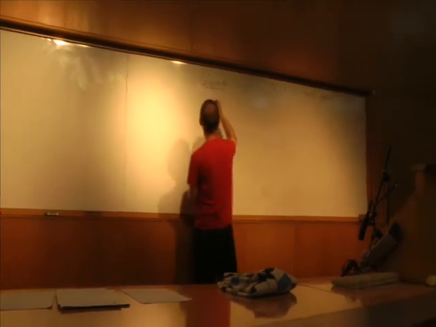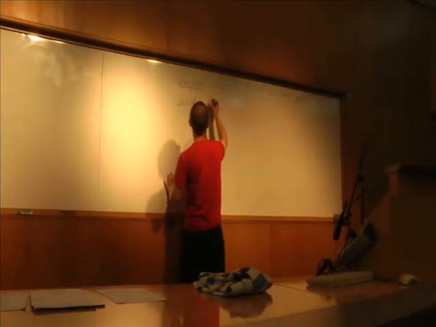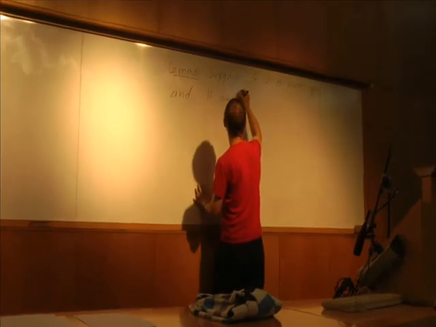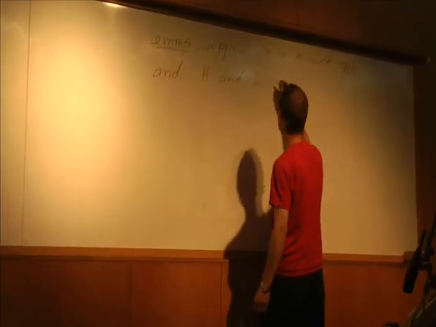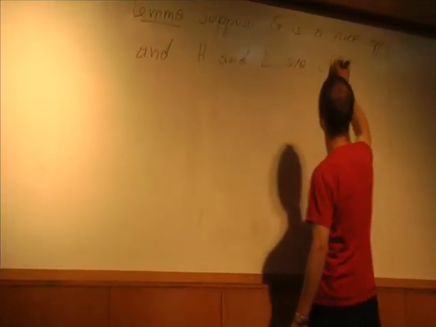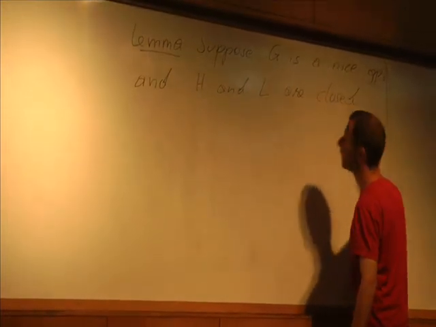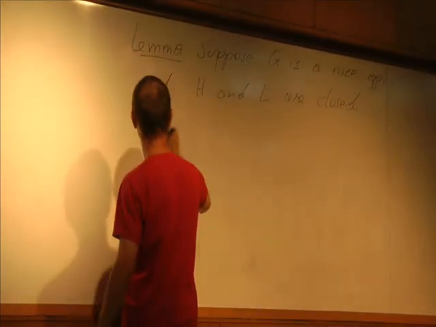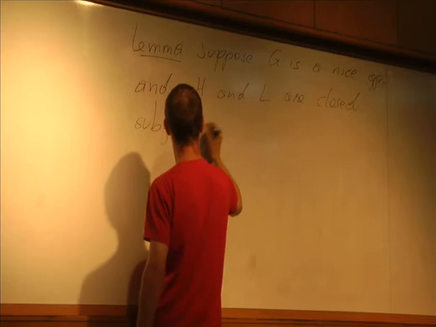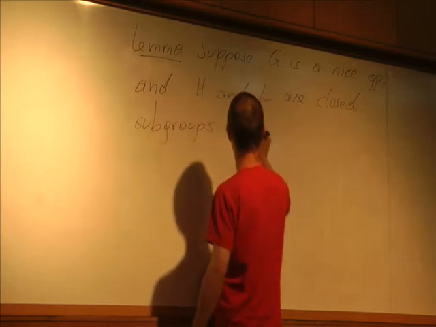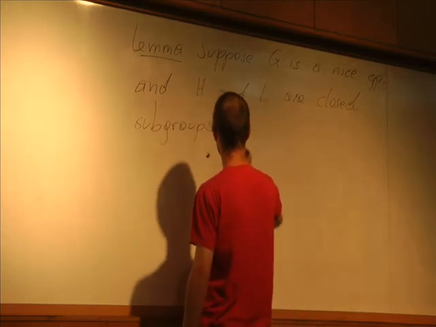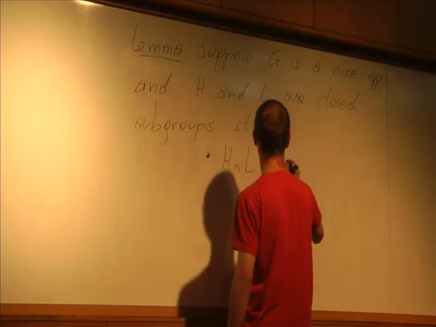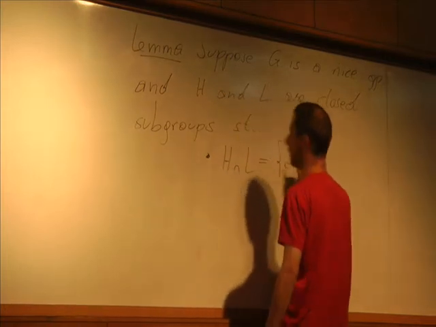and H and L are closed subgroups such that number one, H intersection L should be the trivial element.